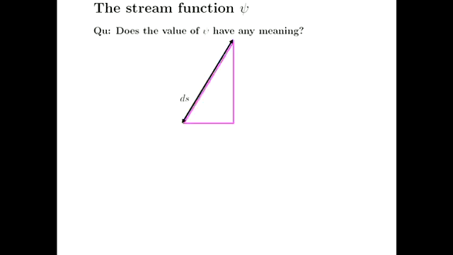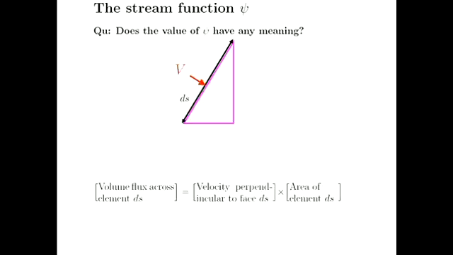That small element has length ds, and I'm going to consider the volume flux through this small triangular element that I'm sketching. The volume flux through that element ds is just the area, which in this 2D approximation is just ds multiplied by 1, multiplied by the velocity perpendicular to that face, which I'm calling here capital V.